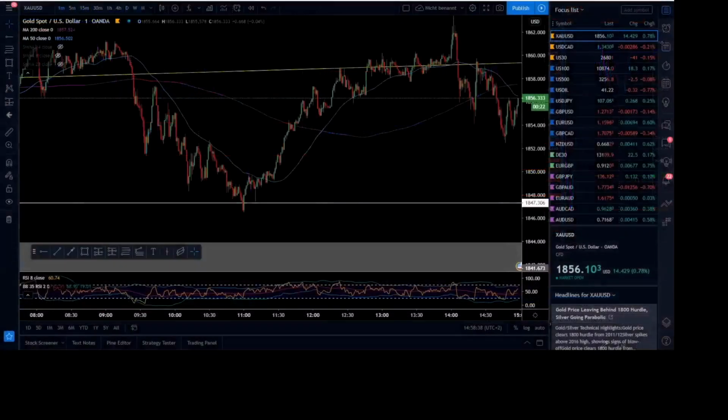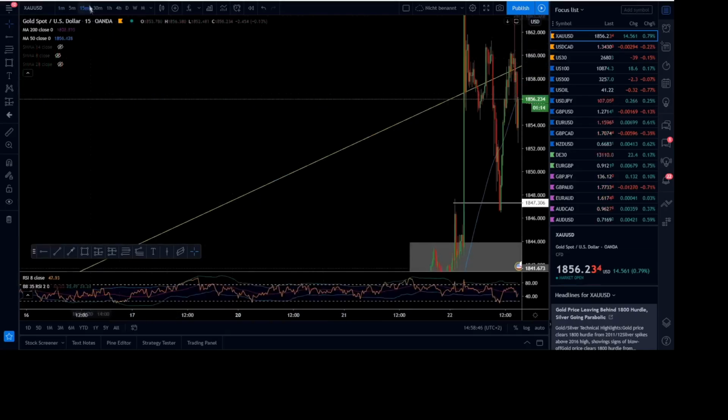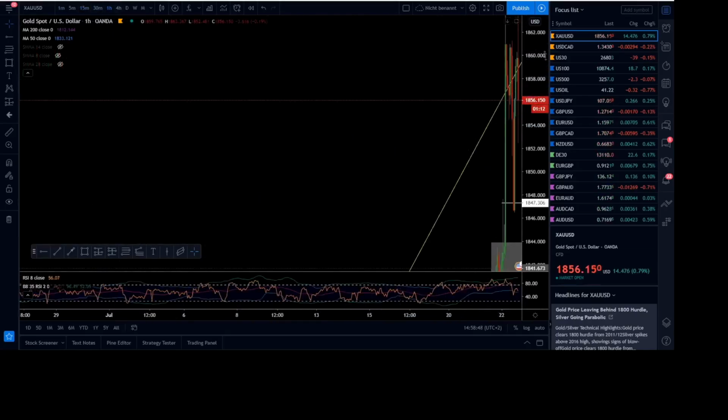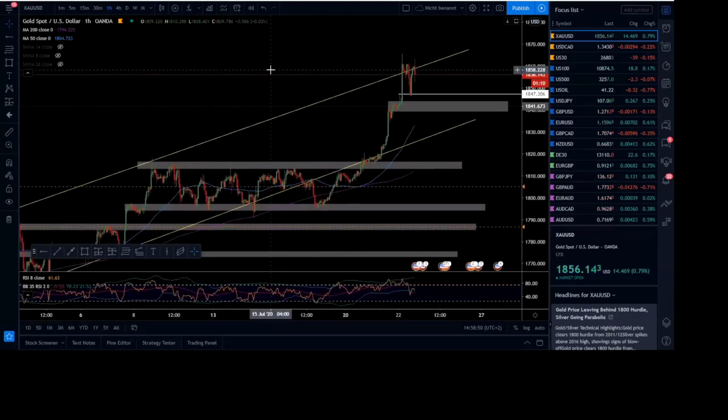Let me show you what happened on gold, on our time frame, so that you can see. I was getting in on gold around this area when the price was breaking this extreme channel.